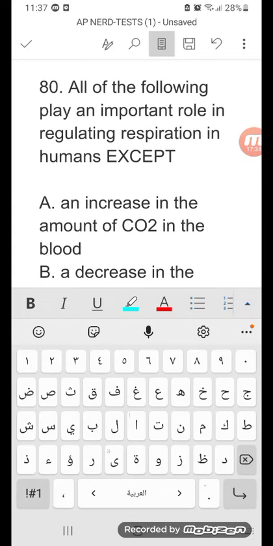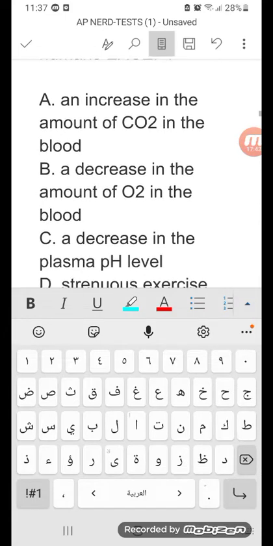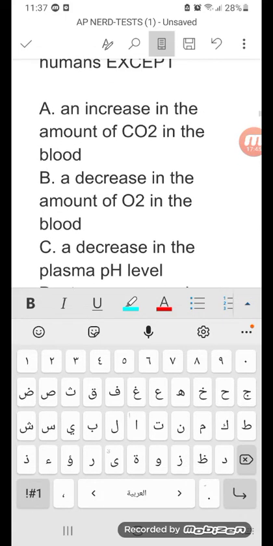All of the following play an important role in regulating respiration in humans except an increase in the amount of CO2 in the blood. Of course, this is a tough question, by the way. In your blood vessels, like the carotid, for example, there are many sensors. The sensors are for CO2.